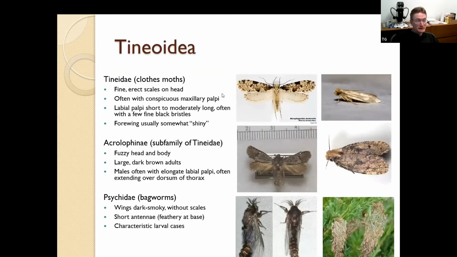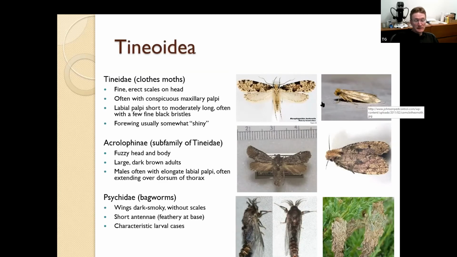And so the Tineids in general, you can see the 2 pictures at the top here, are the group that contain the clothes moths. These are tiny, for the most part, very small moths. Most of them have some sort of spiky scales on the head. It looks like their hair is standing up or something along those lines. Also, sometimes the forewings are sort of shiny, as you can see in this specimen in the upper right.